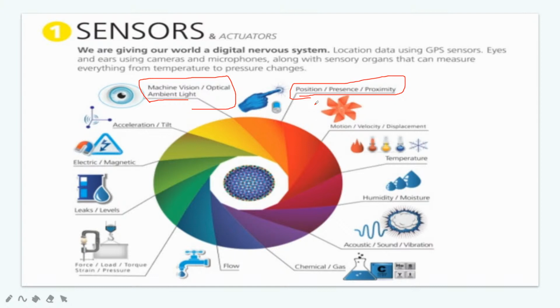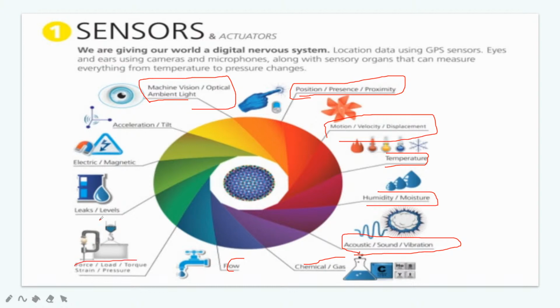Then motion, temperature sensor, humidity and moisture sensor, and then sound and vibration. This is also available in our mobile phone. Then chemical gases, flow, load, torque, steam level conditions, leak and level sensors, electric and magnetic sensors, and acceleration.